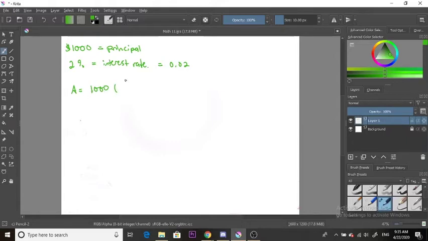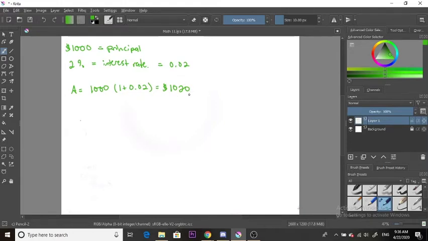Now to get your total amount, you have to have 1 plus this, and you would multiply that with your 1,000 here. So if you were to do that, you would have 1,000 times 1.02, and you would end up with a total of 1,020. So this is just simple interest. This is what you would maybe make after about a year.